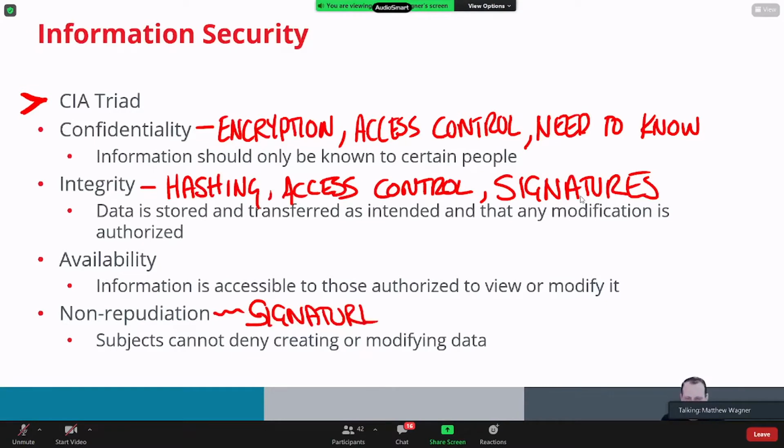But what about that letter A? Availability. Making sure we can get to data when we need it. Key word, when we need it. We can do this through having backups. That helps promote availability. Redundant array of independent disks, known as RAID.